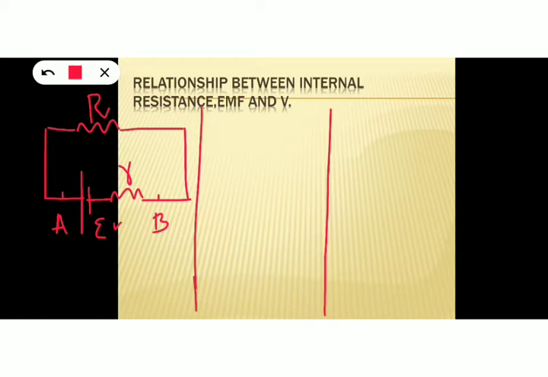And this cell is connected to an external resistance capital R. When the key is closed, a current I flows through the circuit. And what do you mean by internal resistance? It is the resistance offered by this cell. So this is our cell and small r is the internal resistance offered by that cell.